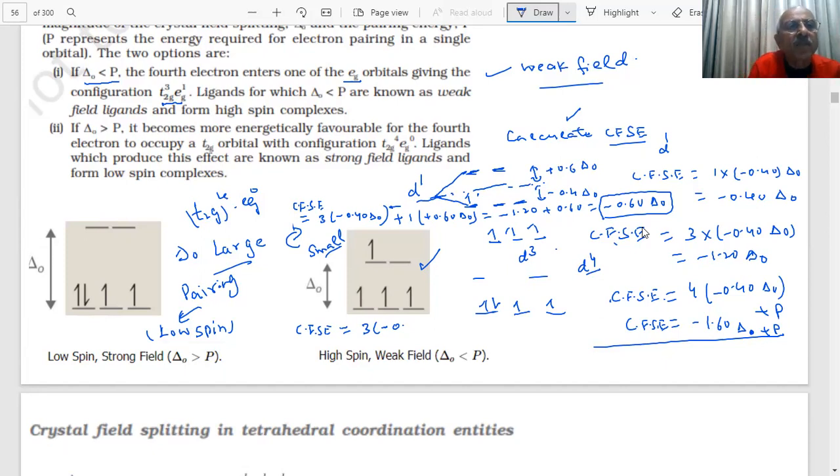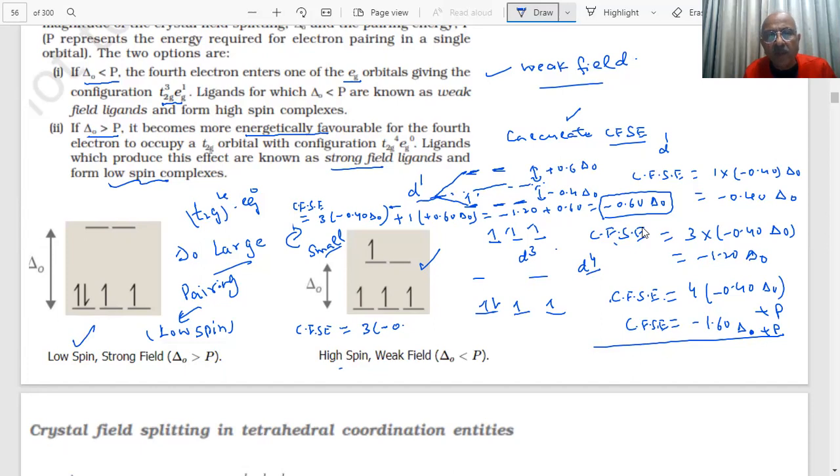One is delta 0 less than P, and the other is if delta 0 is greater than P, then pairing becomes more energetically favorable. This will happen in the case of a strong field, so they will produce a low spin complex. Low spin means there will be fewer unpaired electrons, as you can see in this case. This is a low spin complex.